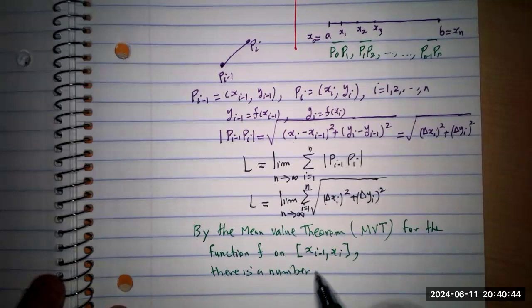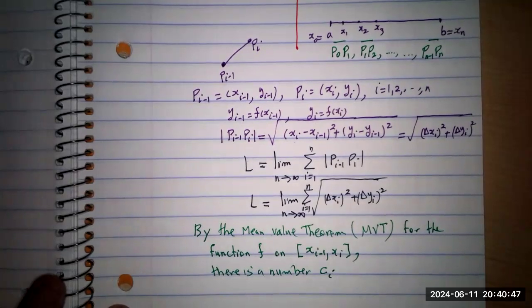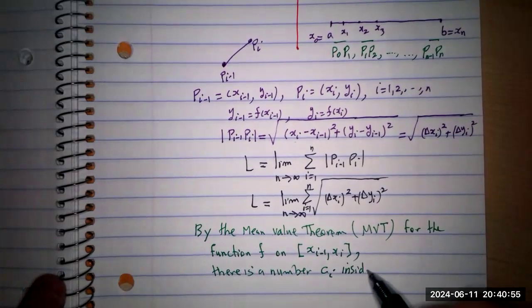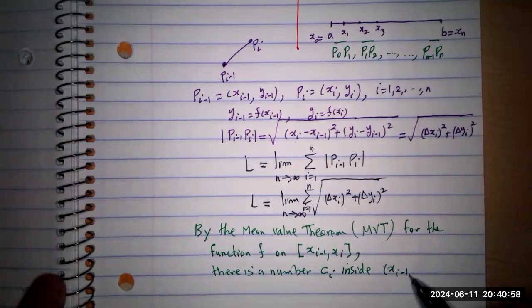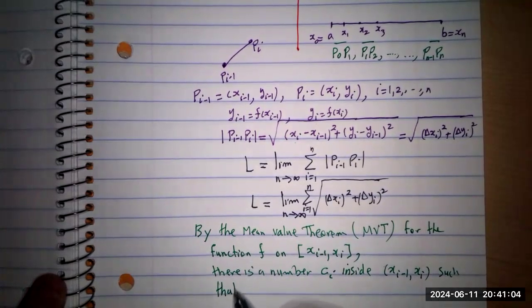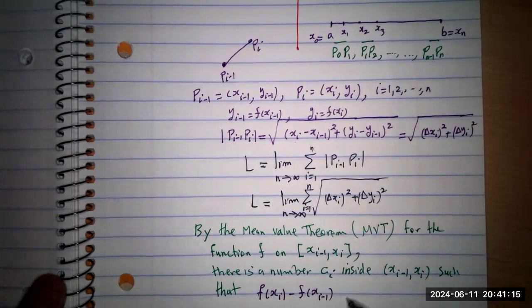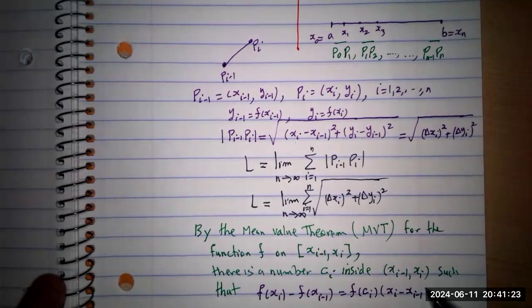We used to call it c, we call it ci, because we can do it for each of these intervals. There's going to be a number ci inside this interval, xi minus 1 and xi, such that, by the statement of the mean value theorem, f of xi minus f of xi minus 1 is equal to f prime of ci times xi minus xi minus 1.